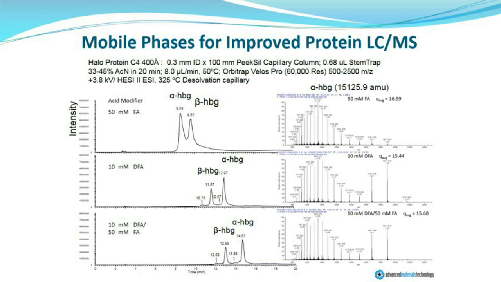So this is another example showing a comparison of formic acid and difluoroacetic acid. In this case, a separation on a capillary LC example for the separation of hemoglobin subunits.